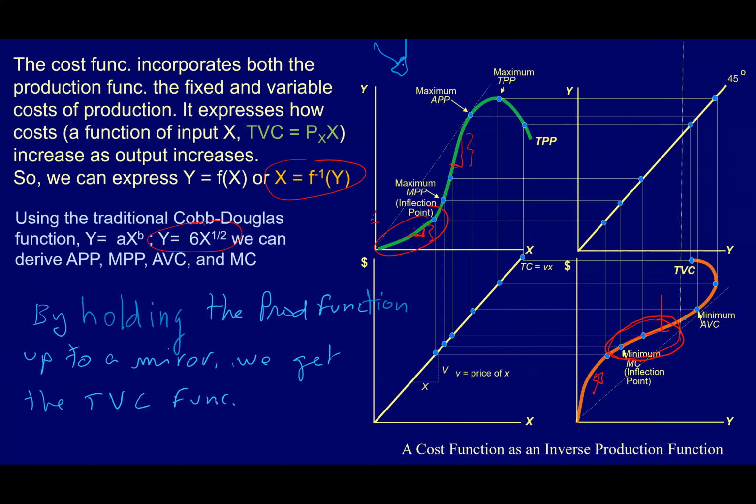The inverse function is, basically, what you try to do here is to take the production function and flip it. If we flip it, then y becomes x, and x becomes y.